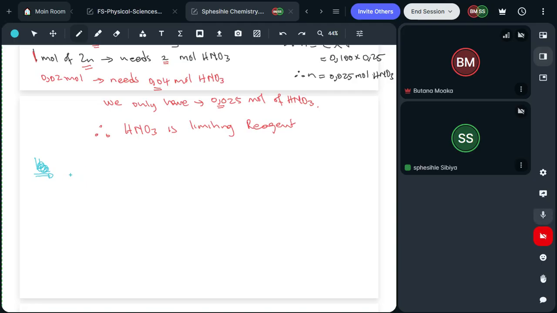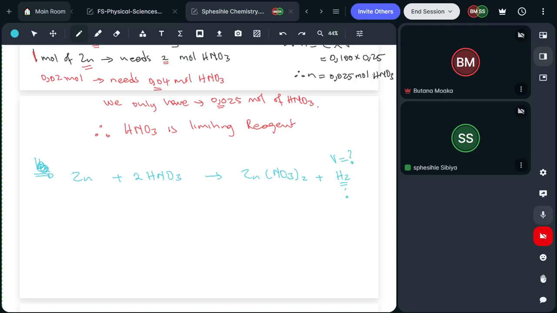We had Zn, which reacted with 2HNO3, and this gives us Zn(NO3)2 plus H2. So now we are looking for the volume, V, of hydrogen gas.